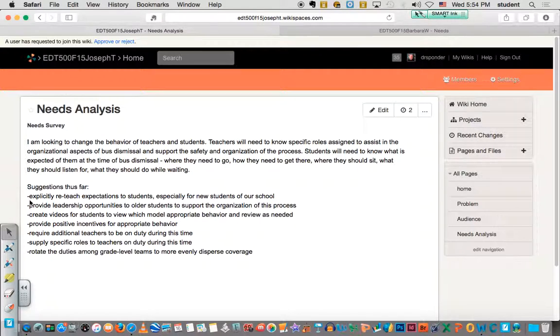The first one, explicitly reteach the expectations. And then supplying specific roles to the teachers on duty. Okay, so if you require the roles, then you're going to have to make training materials for them. Once you say what you have here, you have to figure out what's the instructional thing you need to do to solve it.